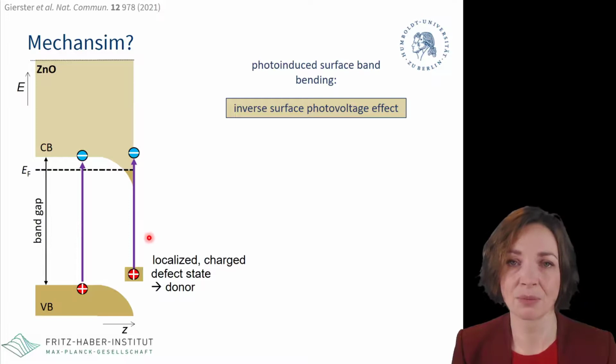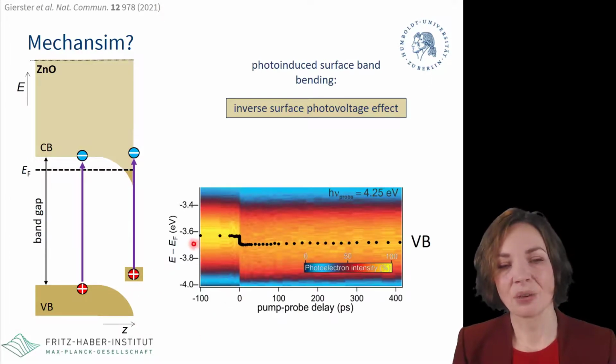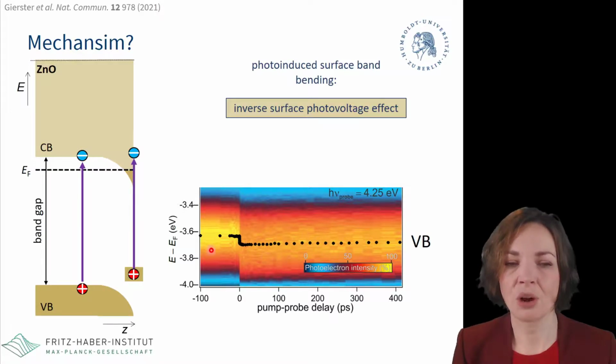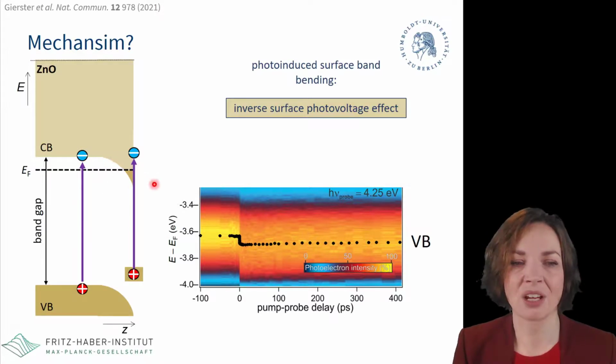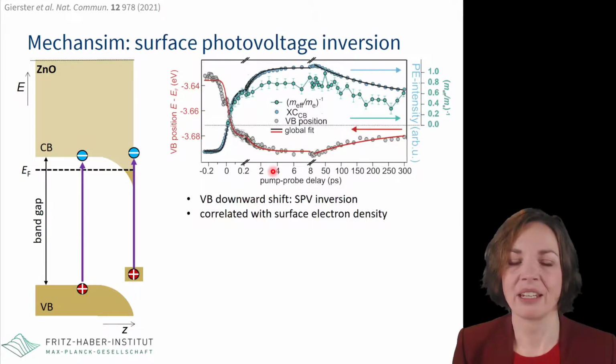It's the enhancement of surface band bending through photoexcitation of energy levels in the bandgap and at the surface. So this would lead to a downward shift of the valence band as we observe it experimentally, and should go along with the charge density evolution just below the Fermi energy.